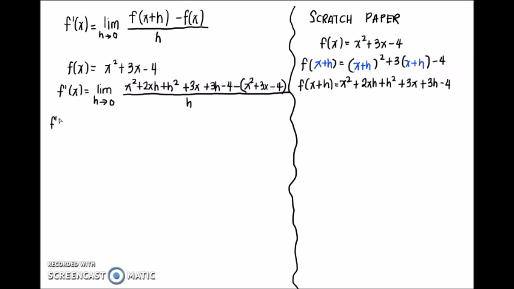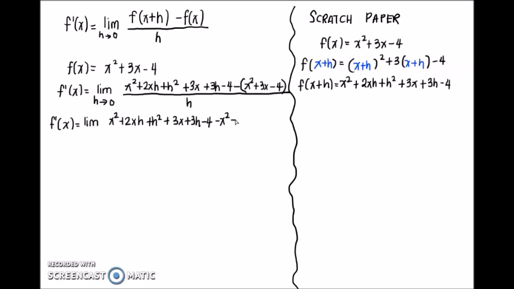So, f prime of x equals the limit of. So, what we'll do is we will have to distribute the negative to all the expressions inside the parenthesis. So, copy muna natin x squared. So, negative times x squared, this will give us negative x squared.